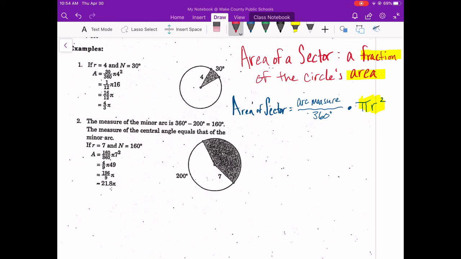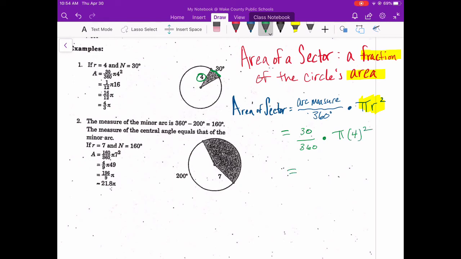So let's do these examples together here. All right, we see that our radius is 4, and that this arc here that we're interested in is 30 degrees. So when we want to do area of the sector, we're going to do 30 out of 360, part out of total, that's the fraction piece, times, now be careful, we're doing area this time, pi times the radius squared.